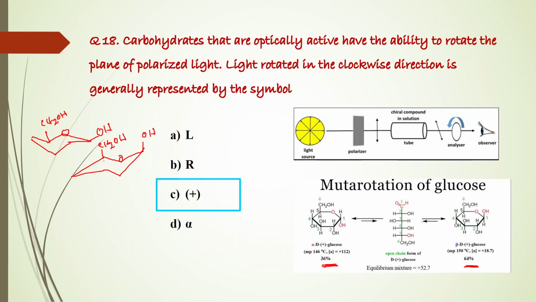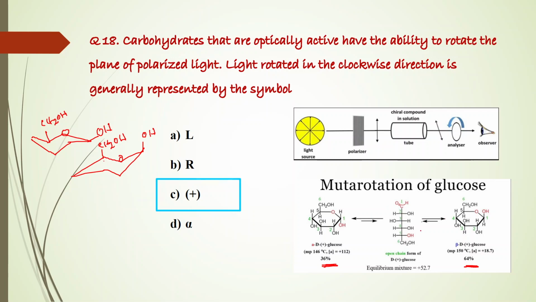So in case of chair form, we have two anomers, one is alpha and another is beta, depending on whether the CH2OH and OH groups are on the cis side, the same side, or on the anti side. Now it happens that the alpha form remains as 36% in the solution, whereas the beta form remains as 64% in the solution.